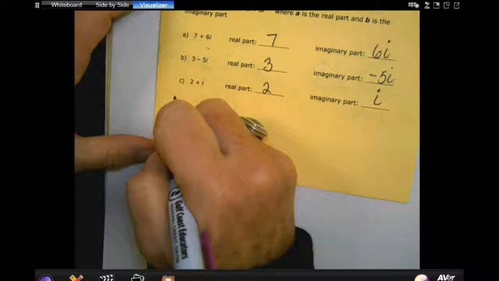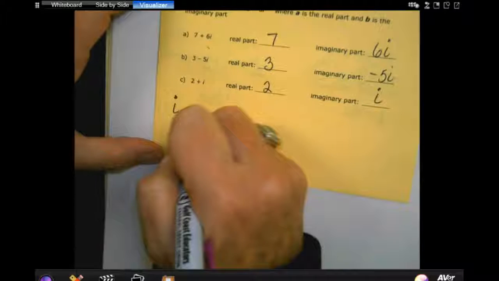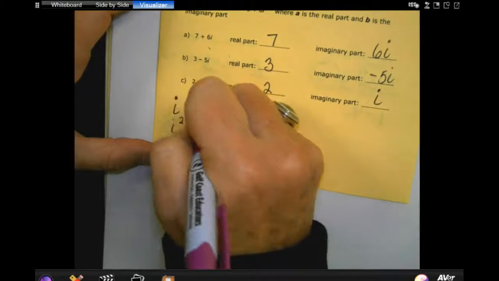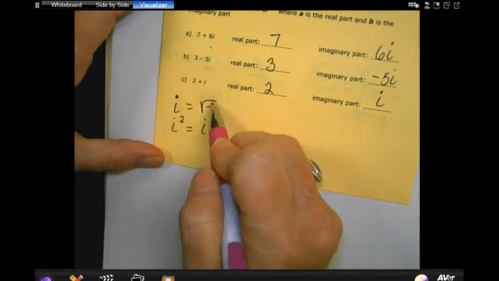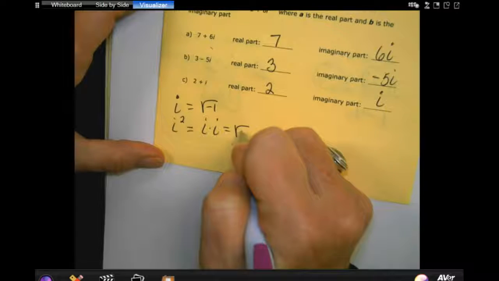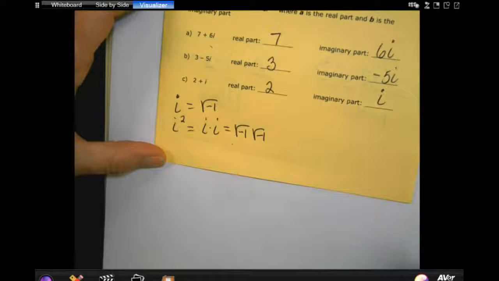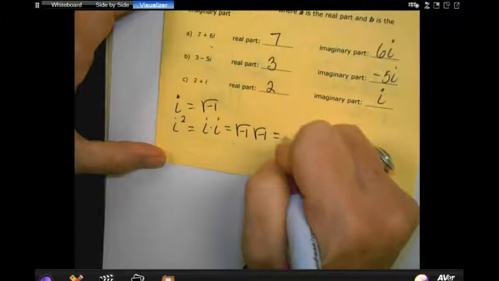So if I take i squared, that means I'm taking i times i. Is that correct? And we said i was the square root of negative 1. So if I put the square root of negative 1 in here for both of my i's, I get negative 1.